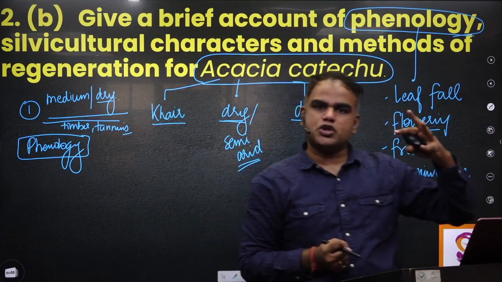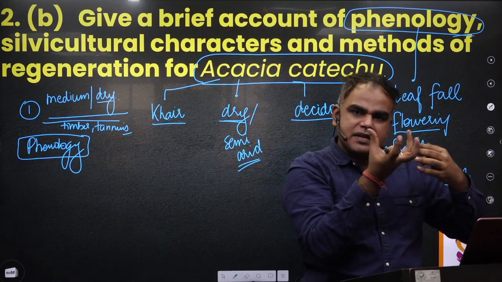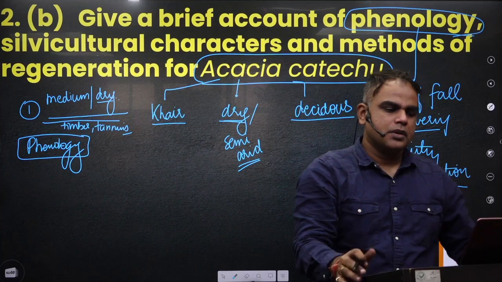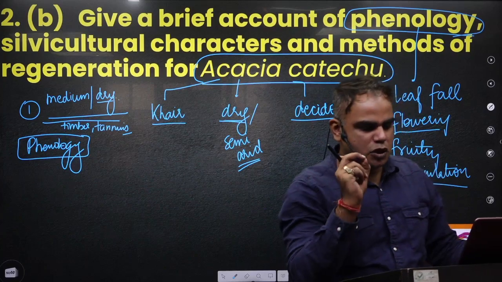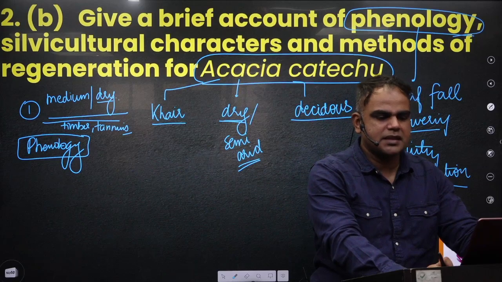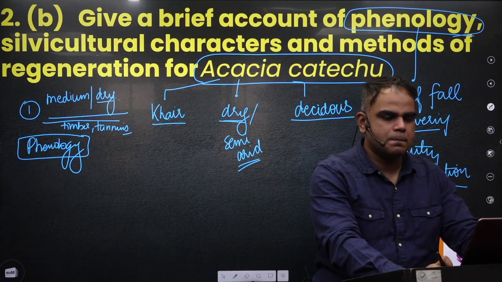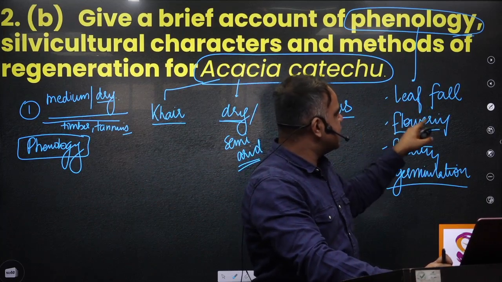So the leaf has started to shed, and before the onset of monsoon, the flowering will start to happen. Okay, so just for your understanding, this is what happens here. Small flowers will come, and then they will start to take their place.